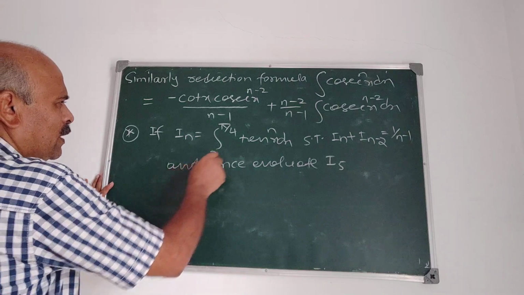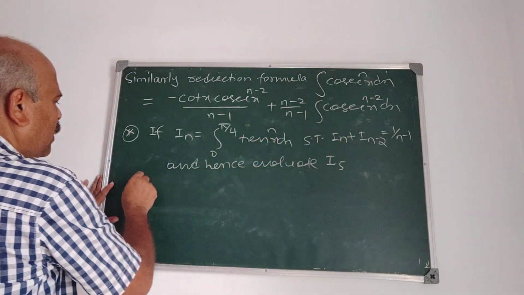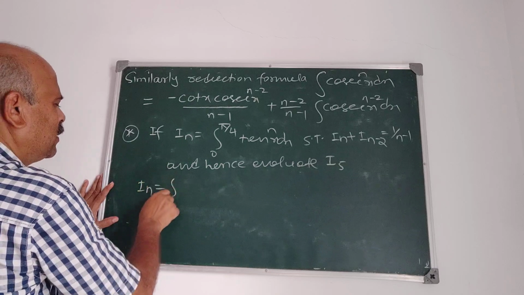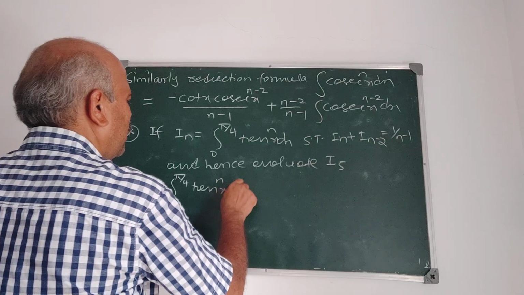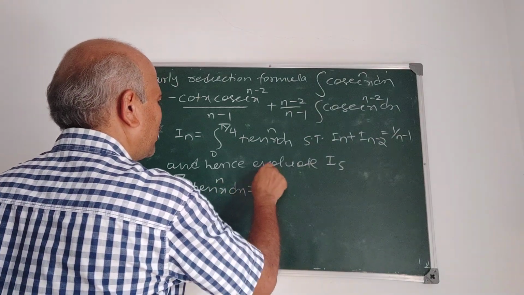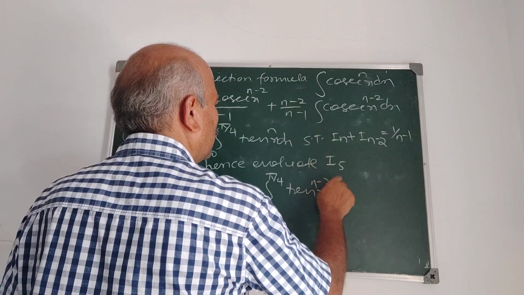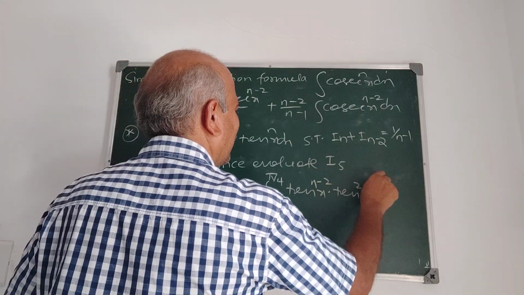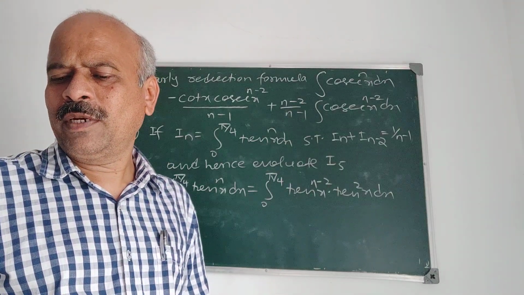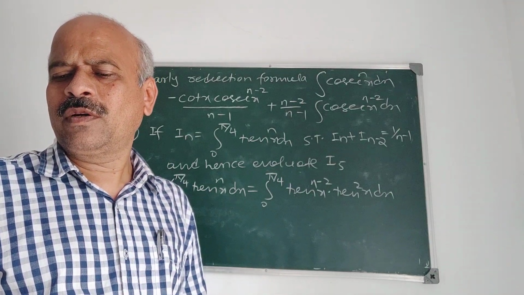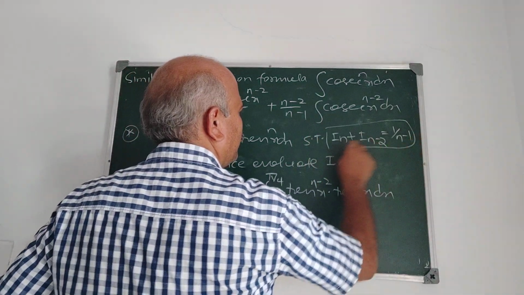Now, what is given here? In is the integral from 0 to pi by 4 of tan x raised to n. We write this as the integral from 0 to pi by 4 of tan x raised to n minus 2 into tan square x dx. This is the procedure. First we reduce this formula.